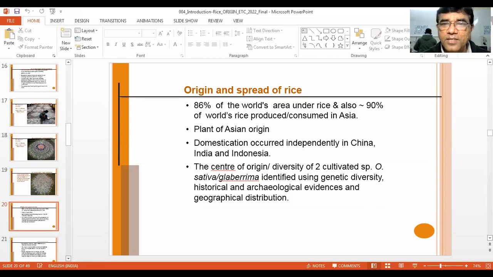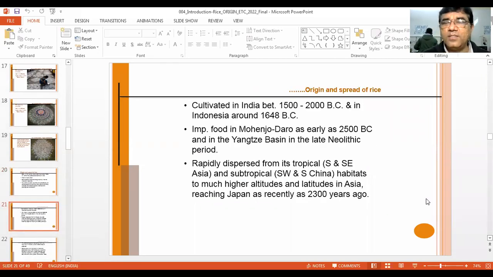So based upon these criteria, the origin is decided. For example, it was cultivated in India between 1500 and 2000 BC, and in Indonesia around 1648 BC. And it has been an important food in Mohenjo-daro as early as 2500 BC, and in the Yangtze Basin in the late Neolithic period.